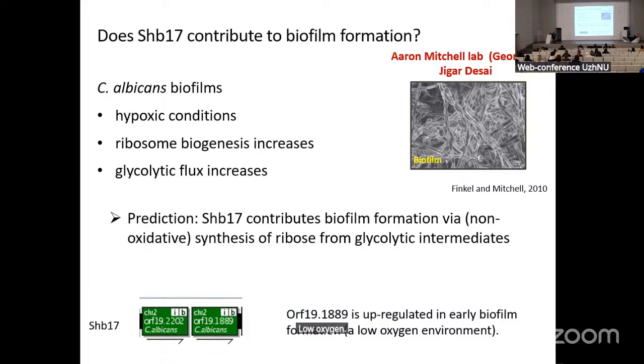From expression studies in Candida, we know that this particular gene is upregulated and ribosome biogenesis is upregulated in biofilms. And finally, we also see more glycolysis, the process that breaks down glucose and provides the starting point for ribose synthesis using SHIB17. So that suggests, well, maybe SHIB17 contributes to biofilm formation.